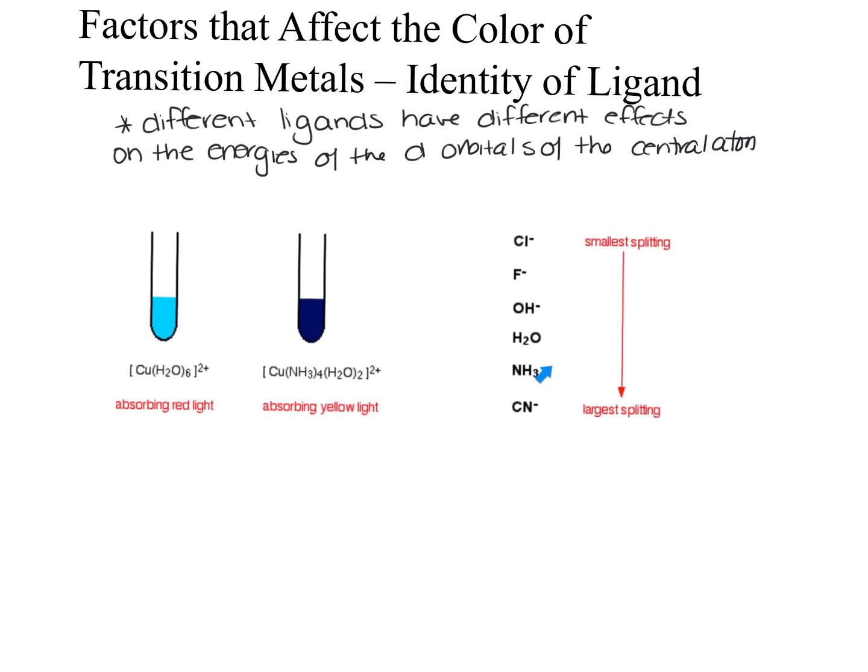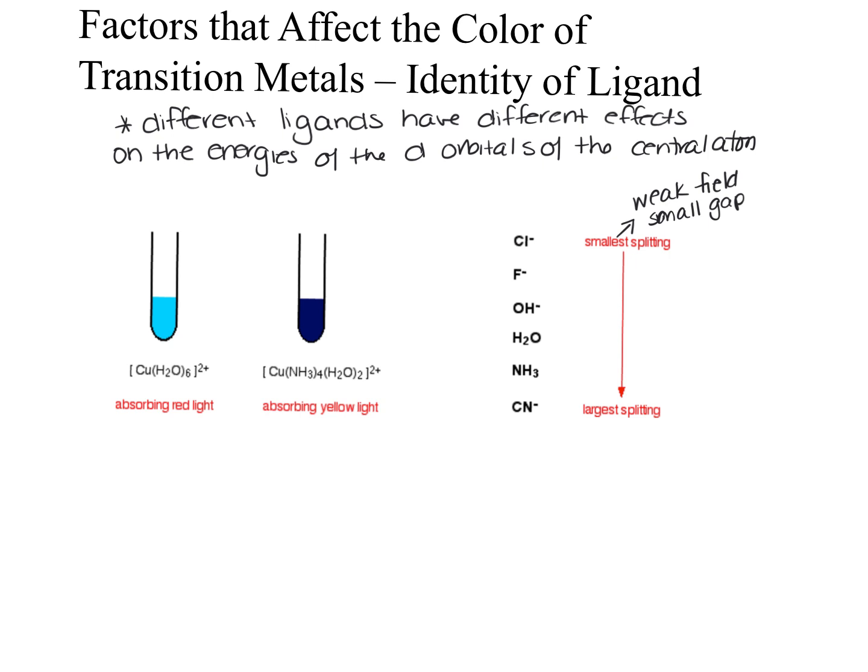So this is a list of common ligands that are attached to metal complexes. And those at the top produce the smallest splitting. So they're going to be the really weak field ones with small gaps. So they have a weak field, a small gap, and another way to say that is the smallest splitting, right?